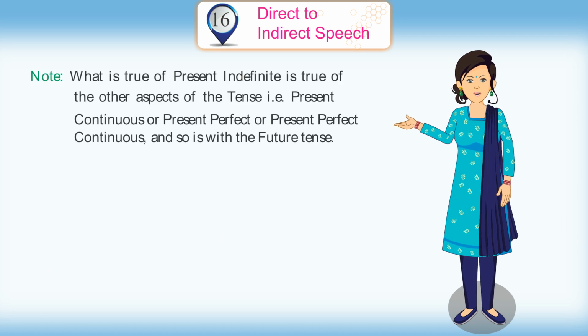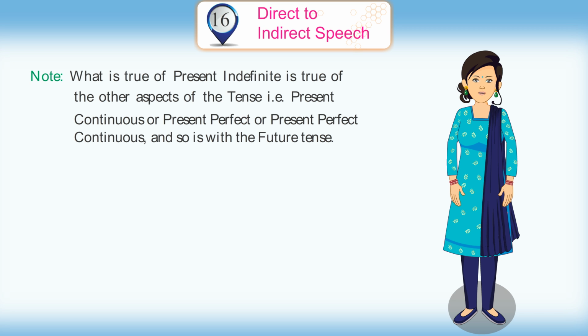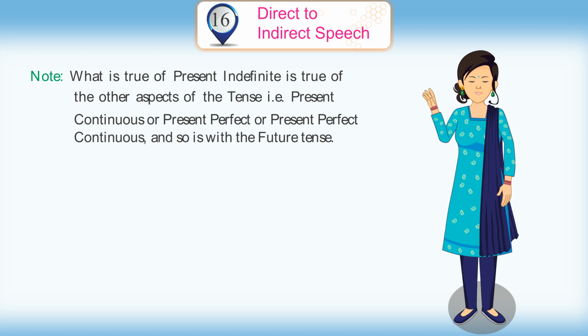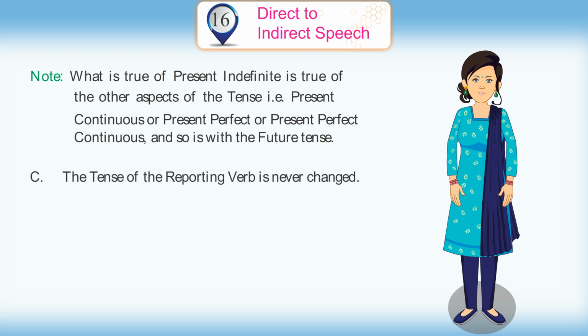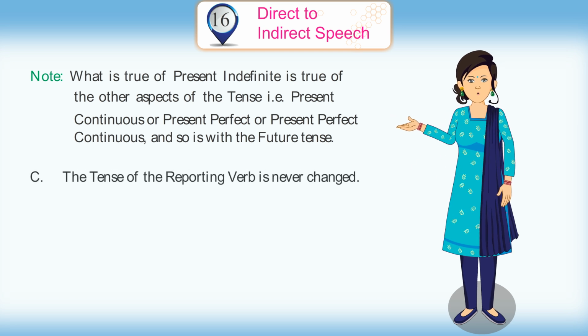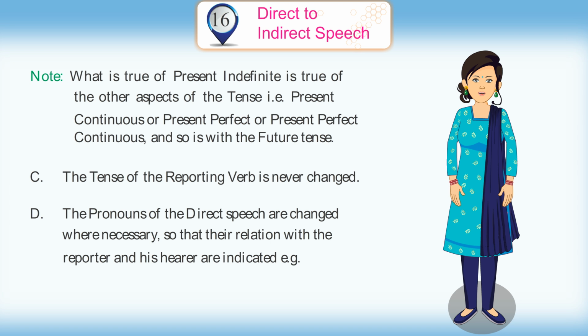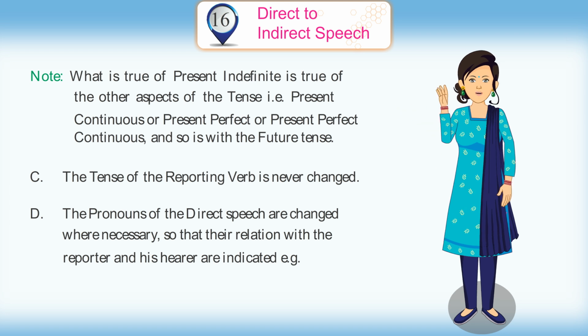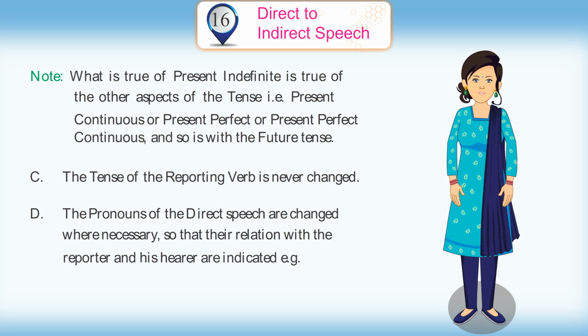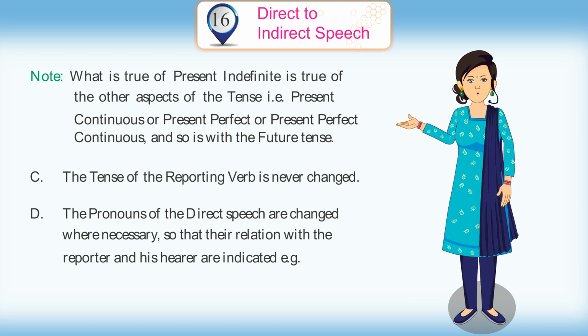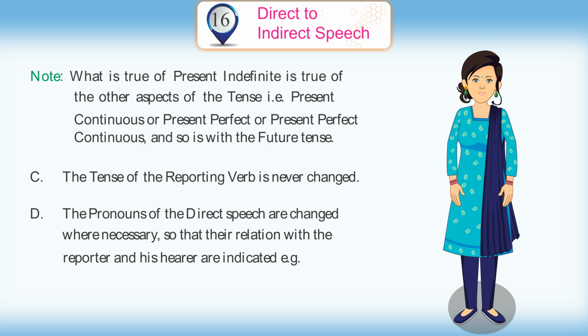Note, what is true of present indefinite is true of the other aspects of the tense, for example, present continuous or present perfect or present perfect continuous, and so is with the future tense. The tense of the reporting verb is never changed. The pronouns of the direct speech are changed where necessary so that their relationship with reporter and his hearer are indicated.